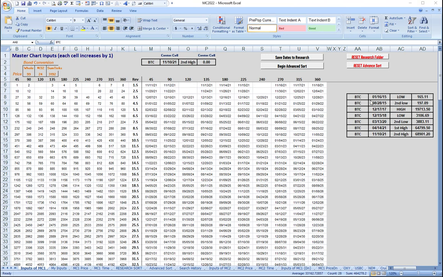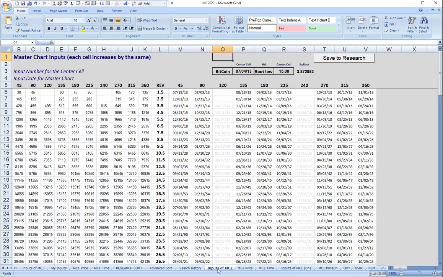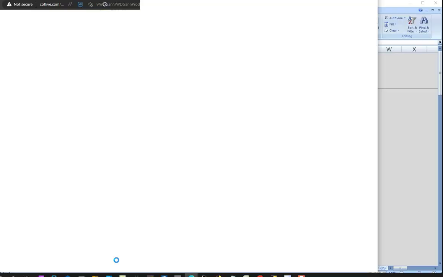This right here. And I also included, just for a little spice of life, this part of the master chart program, which is the doubling effect. I took the square root of the low that I could find. Let me pull it up.